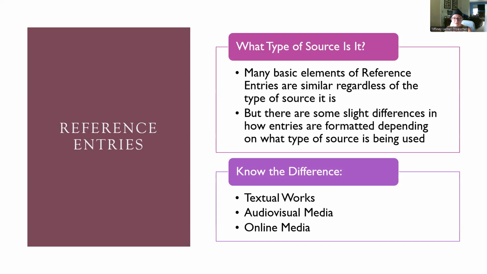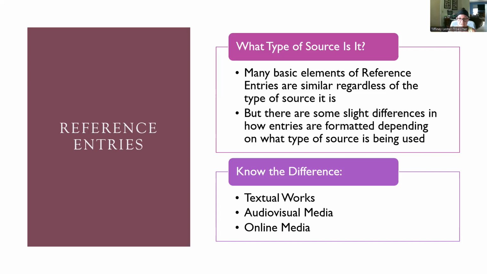There are some basic elements of every reference entry that will be similar, regardless of what type of source it is. But there are slight differences in how entries are formatted, depending on what type of source is being used. And we can categorize types of sources in 3 major groups. There are textual works, audio-visual media, and online media.